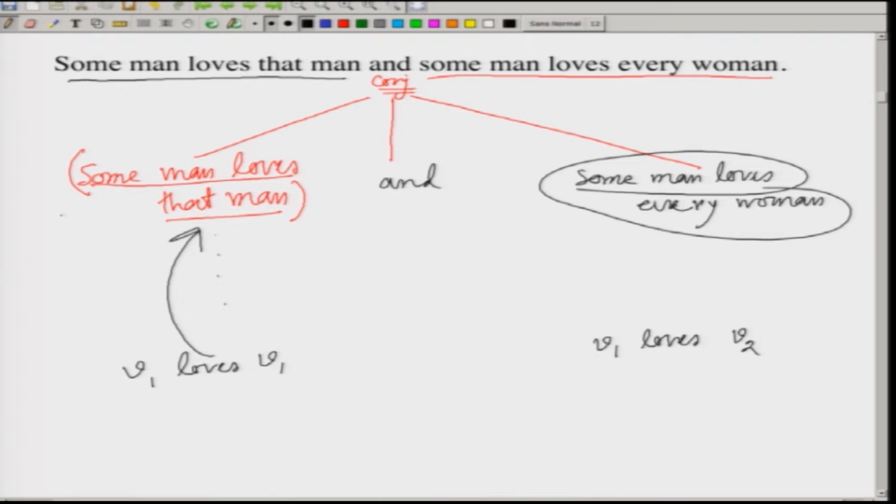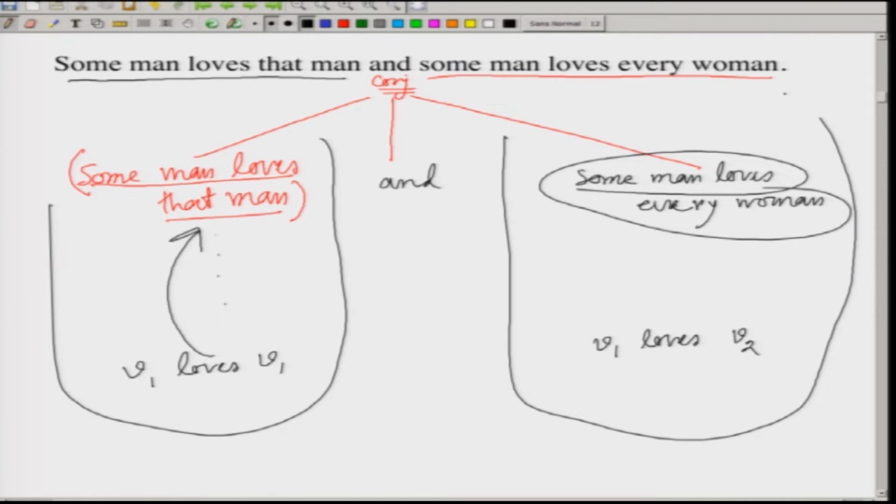Because this is a completely different procedure, these two are different procedures. We could also say that this is V3, but there is no harm if we call this V1. So the complete truth value of 1 or 2 will come here, and some truth value will come here, whatever it might be, and then and will compute that, and we have a whole sentence here.